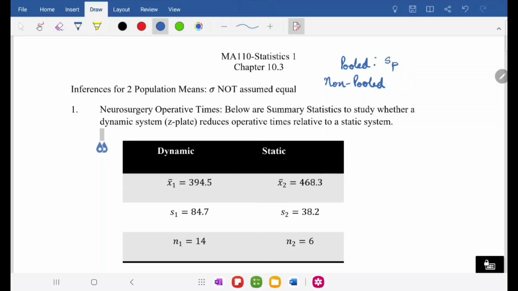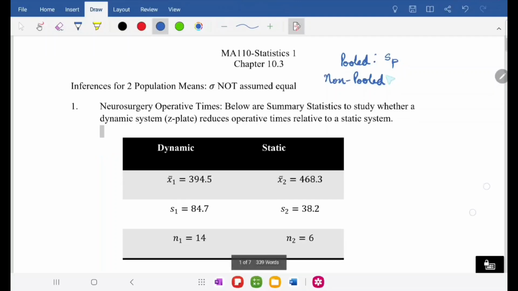And that pooled standard deviation is used in the formulas and so on. When the standard deviations are not equal, when they are widely different, then we cannot use the pooled method. We cannot use the two standard deviations combined. We have to keep them separate in the formula, and that's called the non-pooled method.